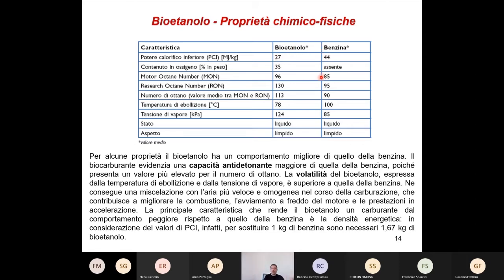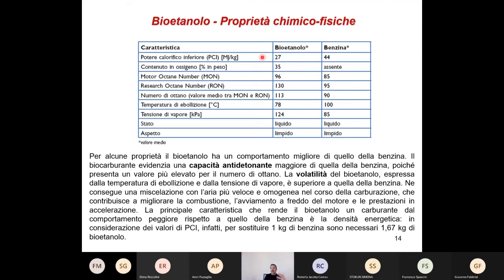So if you use pure bioethanol, your engine has problems working because it's created for another kind of energy content. This is the reason you cannot exceed something like 7 or 10% of bioethanol in the gasoline.